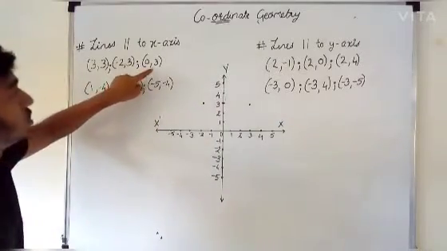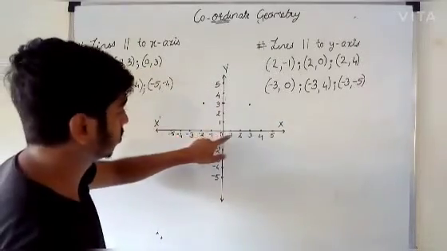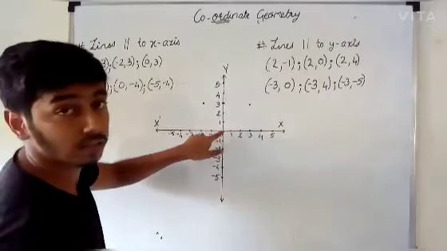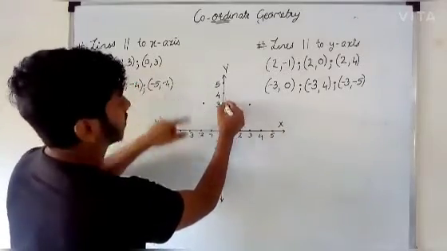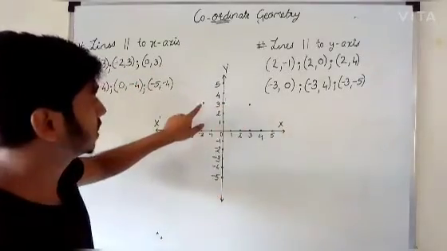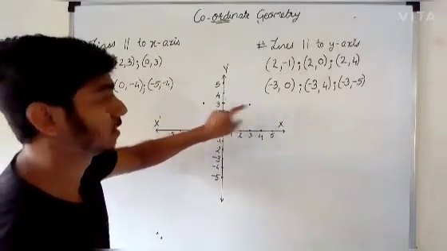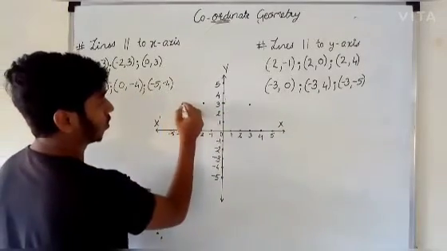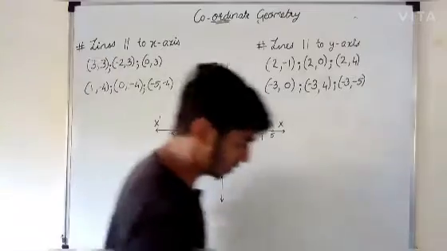Then 0, 3. X is 0, so it is here, and then 3 on y-axis, so this point. These are the points 1, 2 and 3. I'll just draw a line for this.